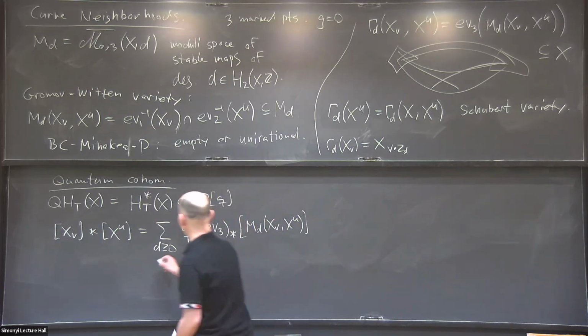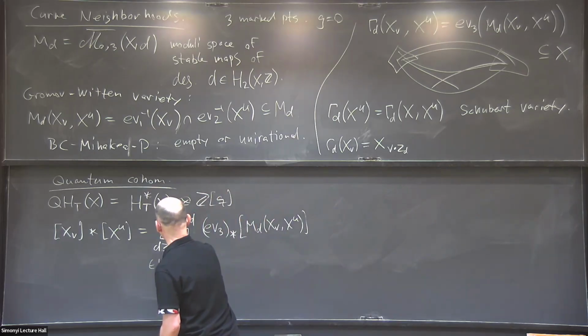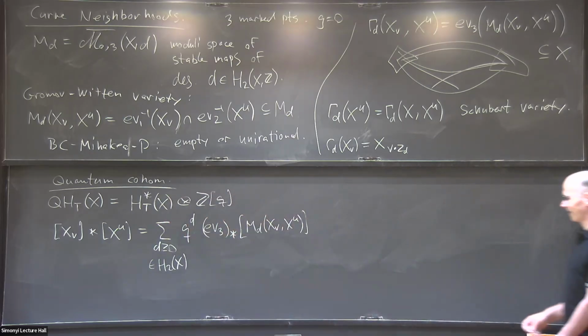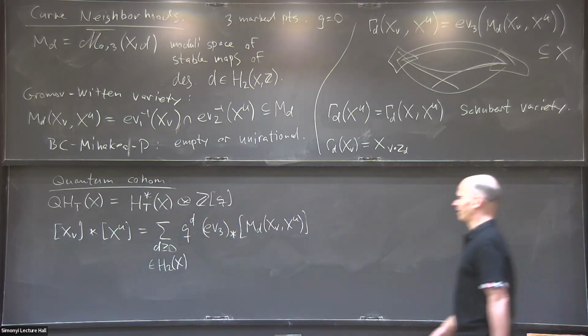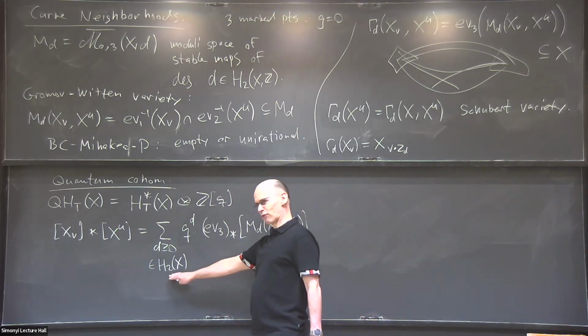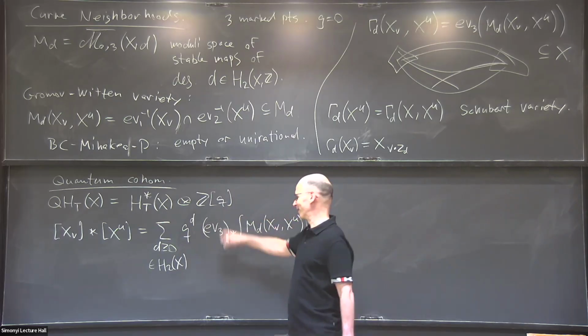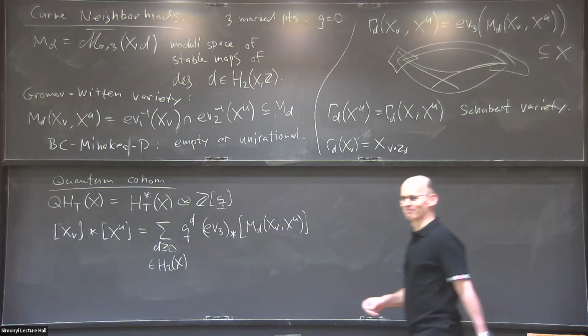The D, oh yeah, D is in H2. So that means when this one has rank greater than 1, then D would be a multi-degree, and you need more than one parameter here. So maybe a little line under it.